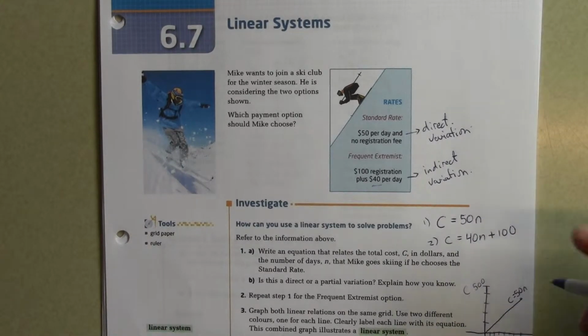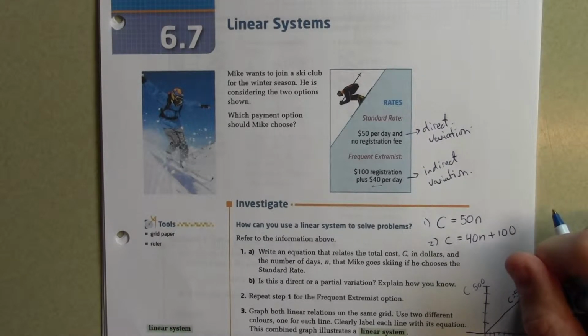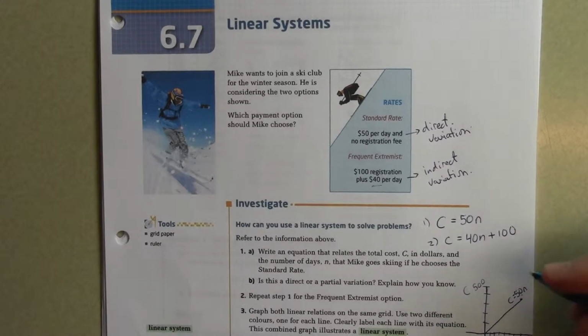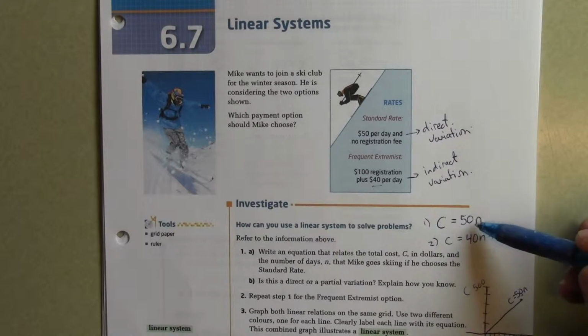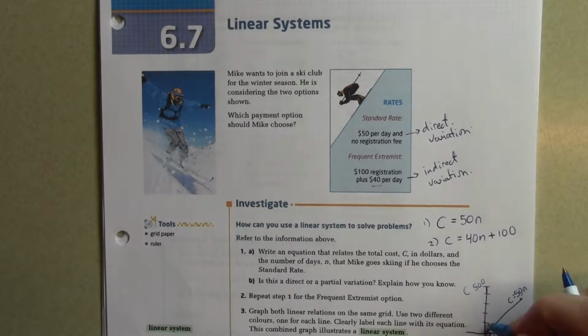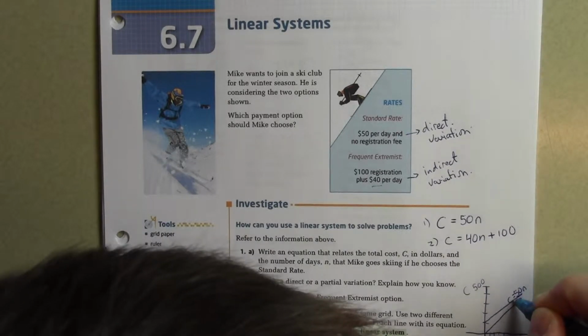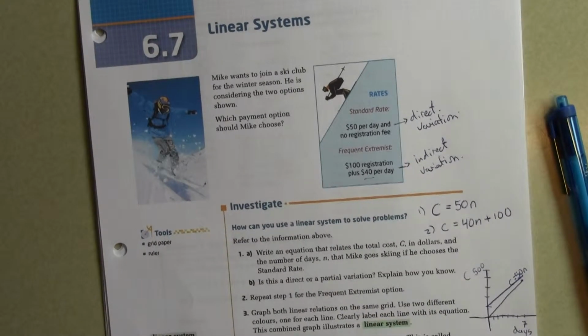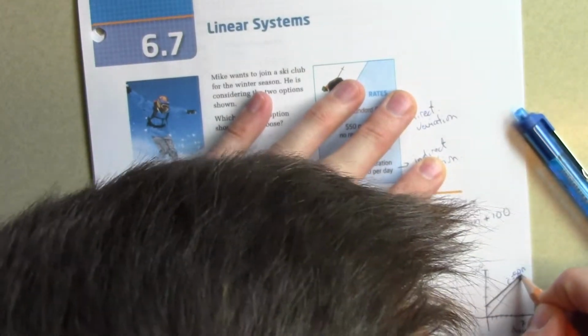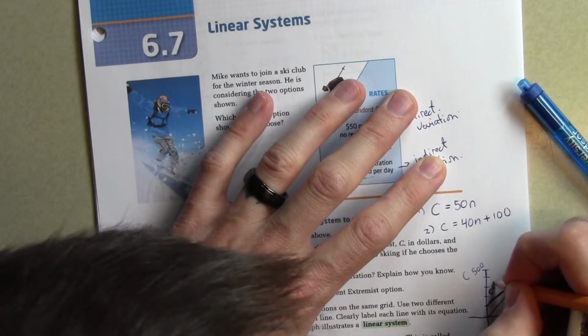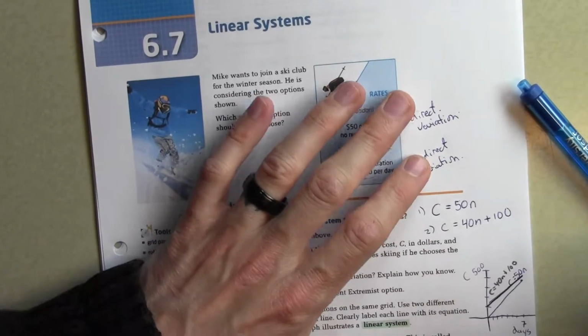So 280 plus 100 is 380. This is C equals 40N plus 100.